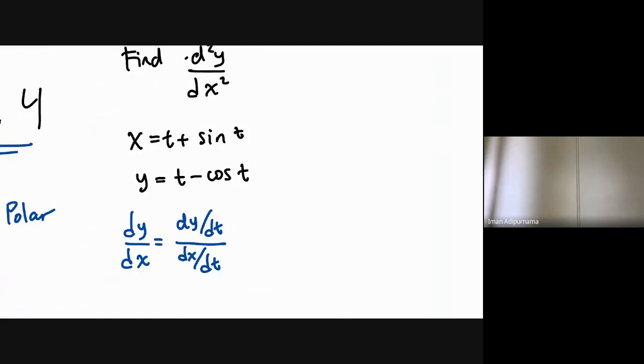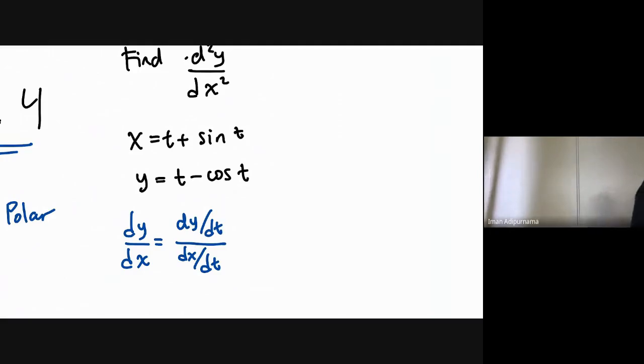A common mistake is that because you wrote x the first time, you use x here, and your answer ends up switched. Another part you may forget is to write the second derivative as d over dt, dx over dt, and then derive this and derive this. That is wrong, okay?